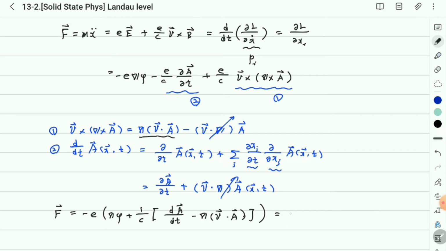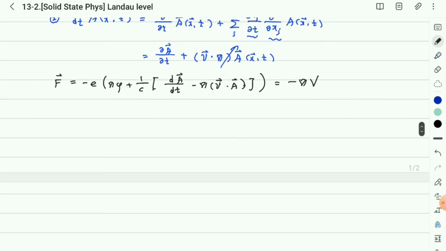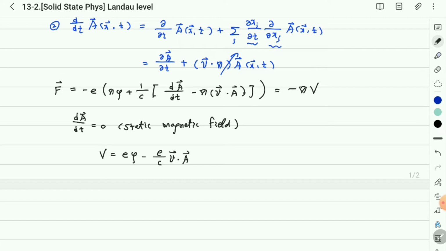Here the force is the negative of the potential energy. In this case, let it be not a dynamic but a static magnetic field. In the static magnetic field, dA/dt equals 0. Therefore, the potential energy can be written as e phi minus e over c V dot A. It is a potential energy.